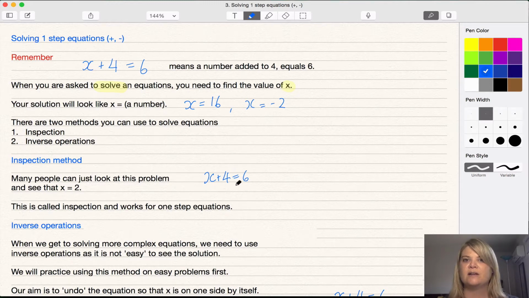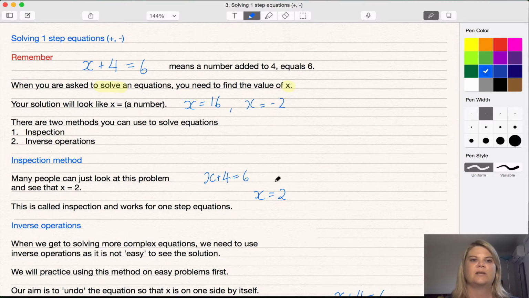Just looking at it like that and writing down the answer is called inspection, and it works really well for one-step equations, which is the ones we're doing in this video, but it doesn't work so well when we get into more complicated 2- and 3-step equations. The second method we're going to look at is called inverse operations.